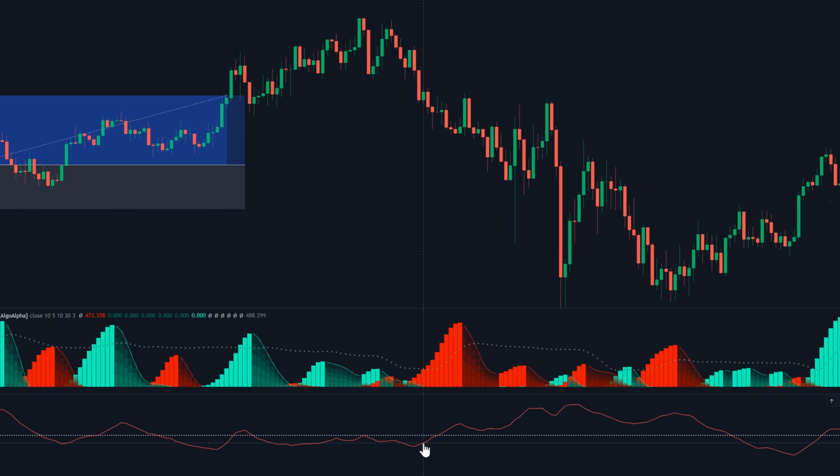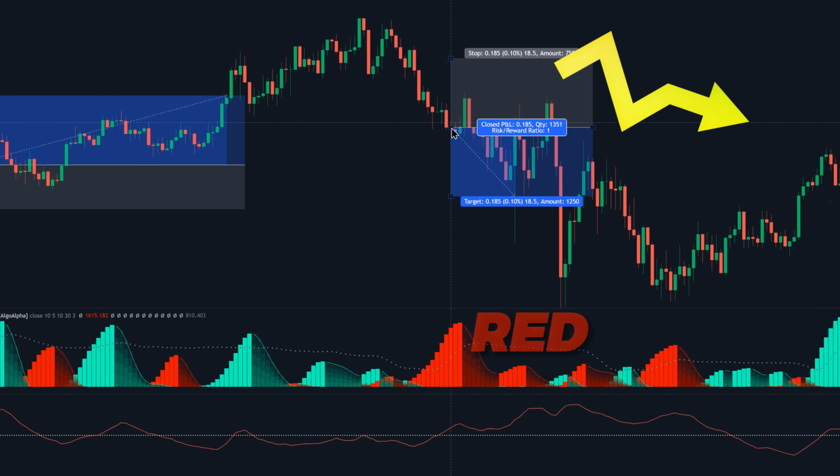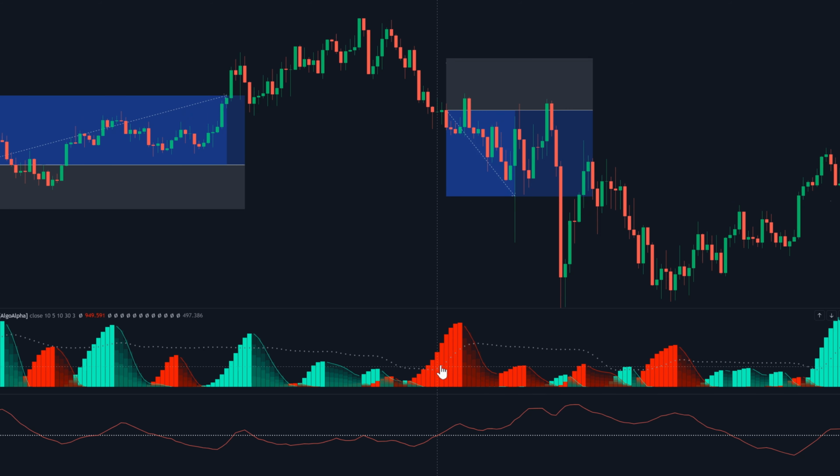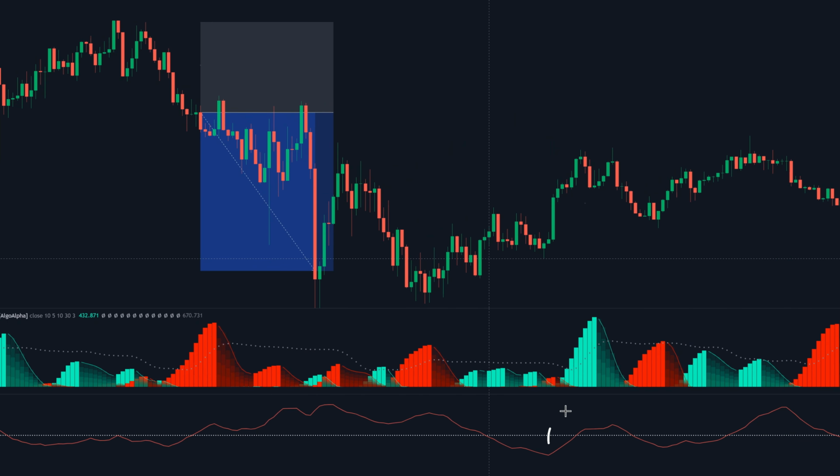The ADX crossed above the white horizontal level, and on that crossover, the momentum bias index indicated a strong bearish momentum because this last histogram bar was colored red, and it also closed above the dotted oscillator, indicating that it's a strong enough bearish momentum for us to take a short position. Here's another crossover, and the momentum bias index indicated a strong bullish momentum because it was colored teal and it also closed above the dotted oscillator.